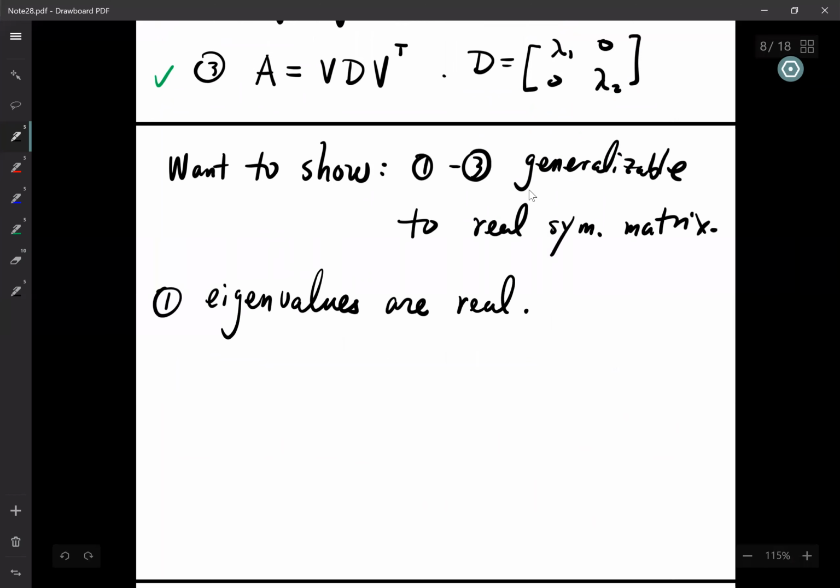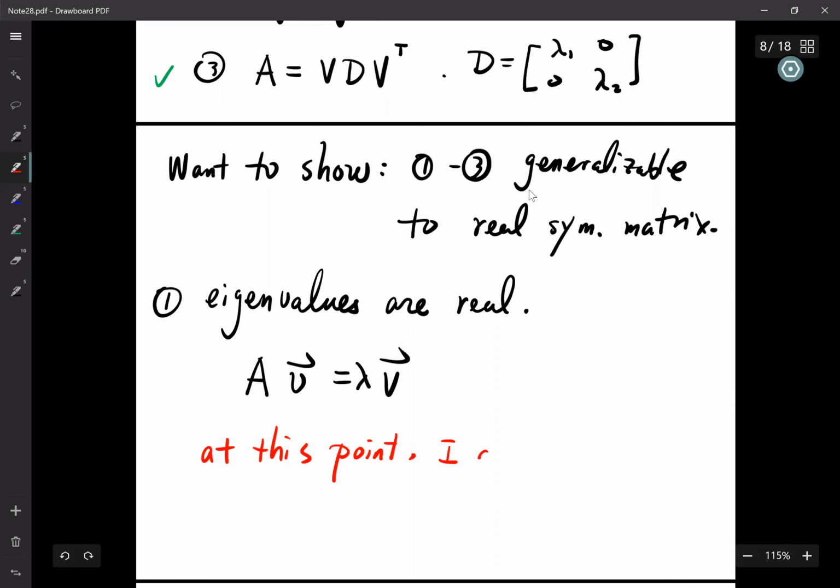So let's see, I take an arbitrary eigenpair, Av equals lambda v. Notice that at this point, I do not know whether lambda or v is real.